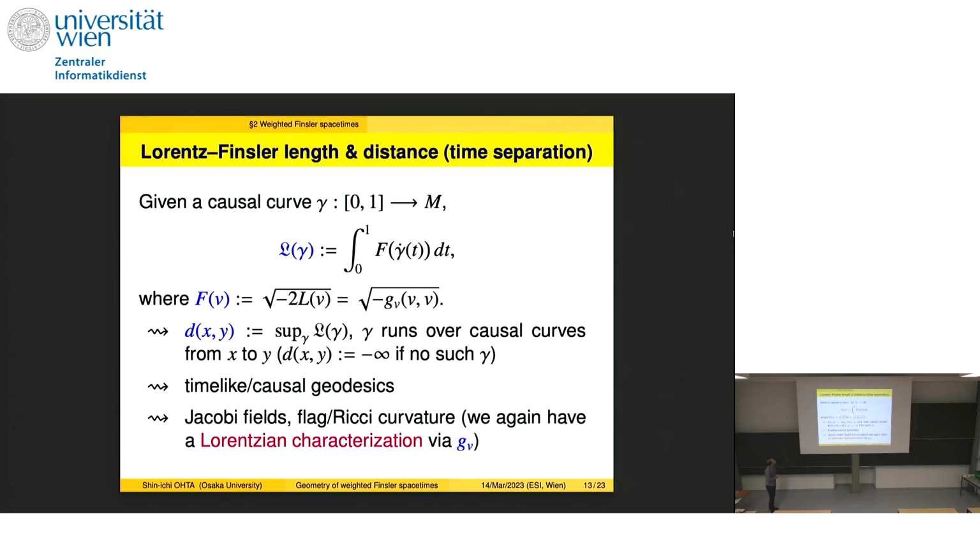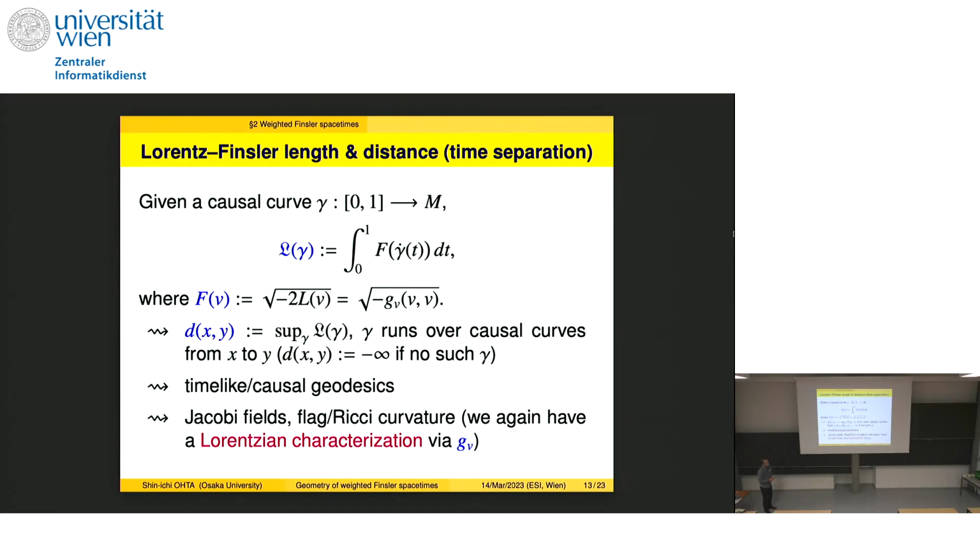Then we can introduce the distance, or the time separation function, just as usual. And by using the time separation function, we can discuss what a geodesic is in this context, and we can also write down the geodesic equation.